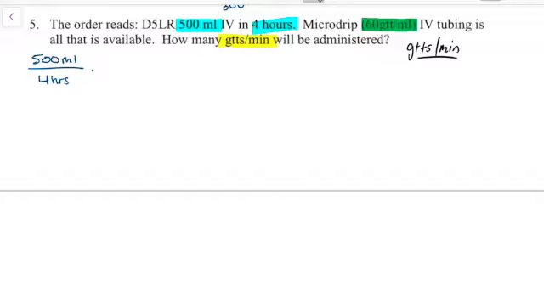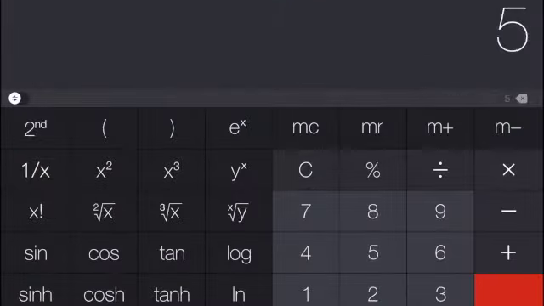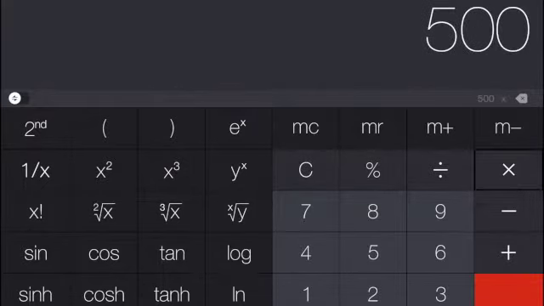So let's convert hours to minutes. Let's do 1 hour is 60 minutes. Cross cancel. And we have a 60 drop per ml. So 500 times 60 is 30,000.